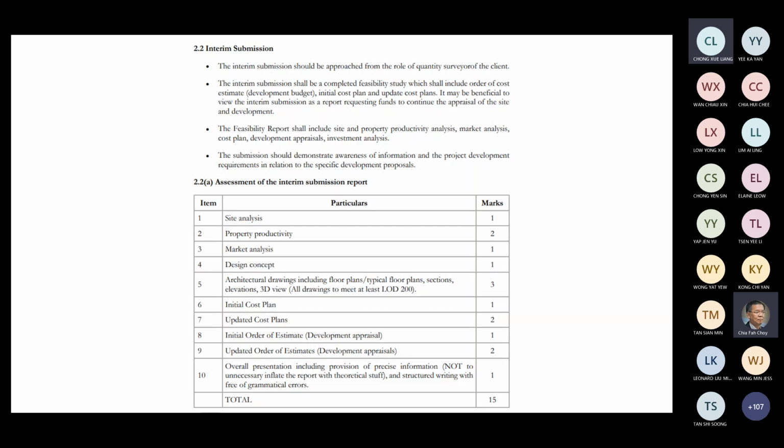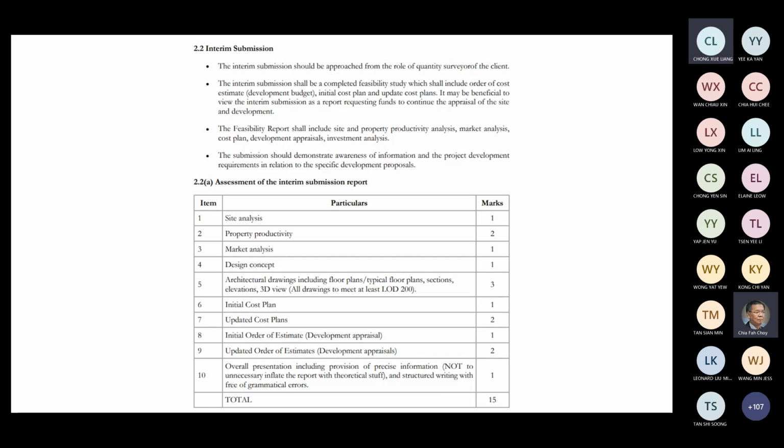Level of development 200 means the sizes you include in the drawing are approximate sizes. For example, you can say the width of the staircase is 1 meter, but later in the detailed design, the actual width is 1040. That is okay.